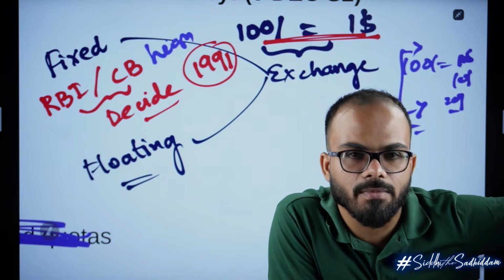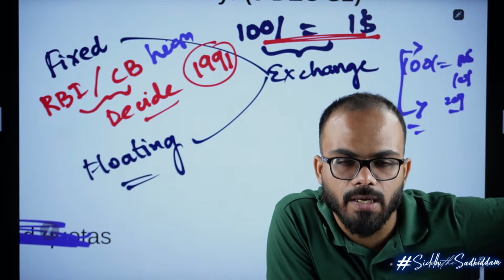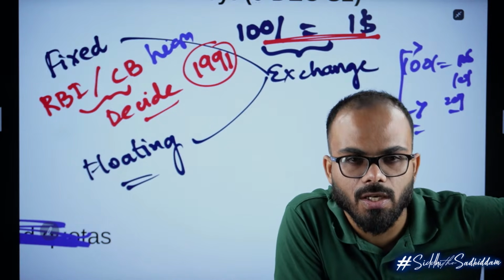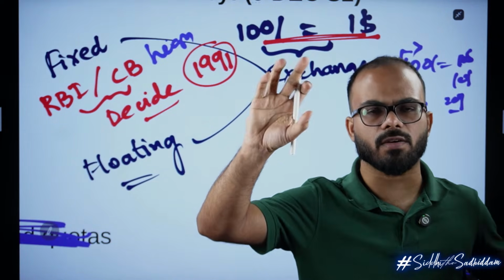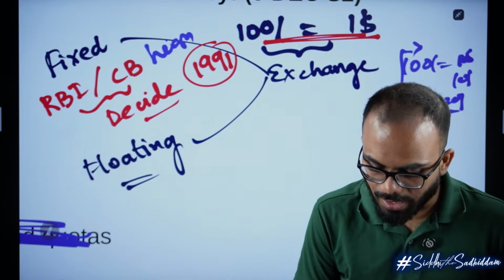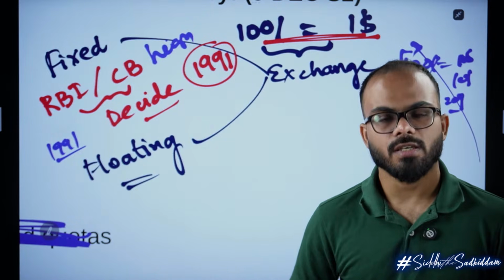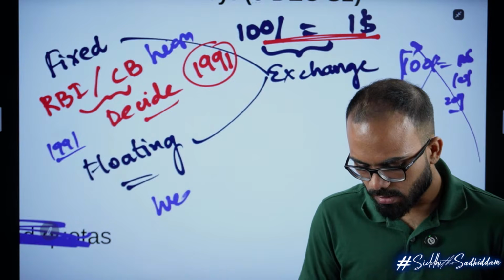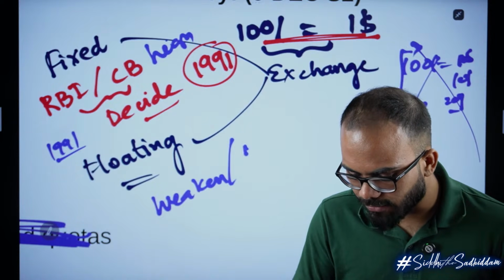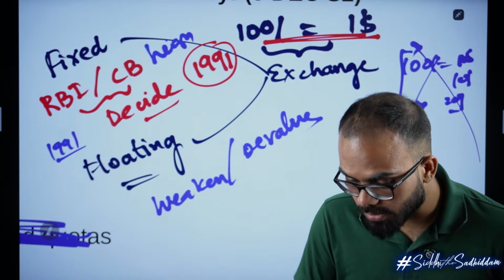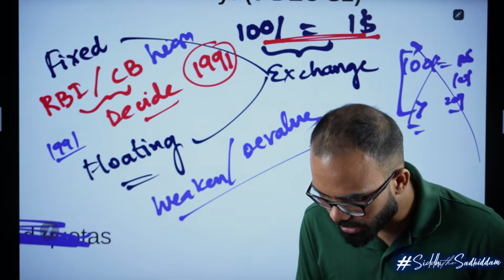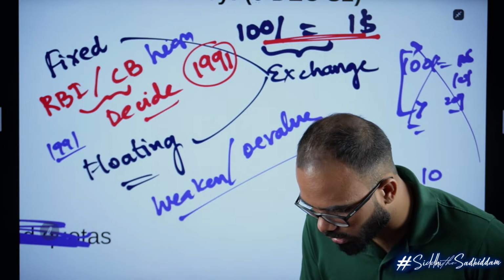Whatever minimum imports were there, we wanted to have them cheaper, and we wanted to protect the domestic economy. For all these things, exchange rate was always kept higher. So in 1991, what IMF said is, you stop doing this. You weaken your rupee first. You devaluate your rupee, because you are saying that 100 rupees is equal to $100.